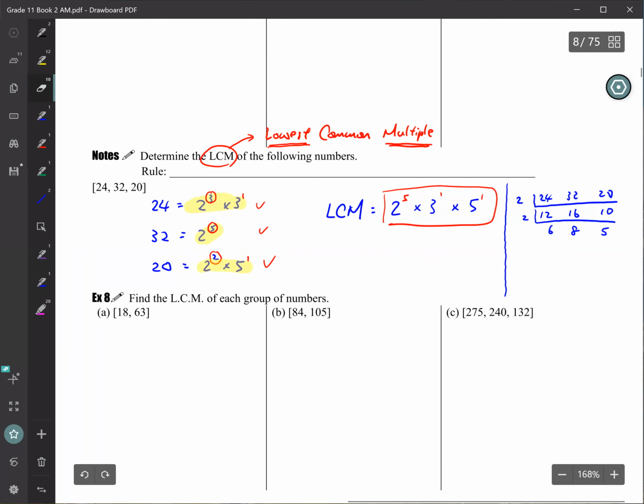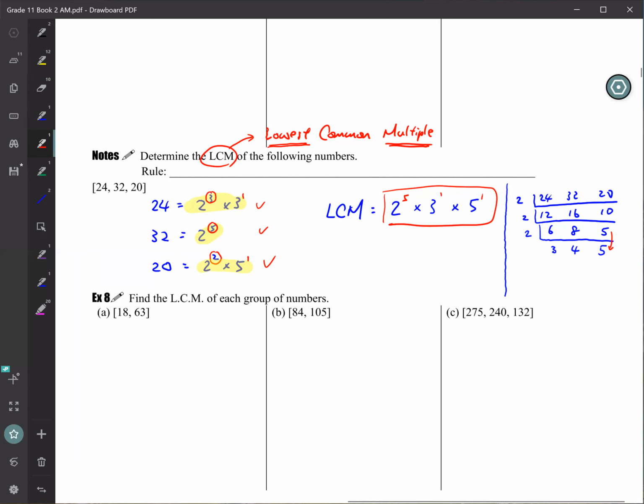For 6, 8, and 5, I can still divide the 6 and 8 by a prime. So I'm going to do that. So 2, 3, and 4. The 5 doesn't work, it's okay, we just drop it down. Now 3, 4, and 5.